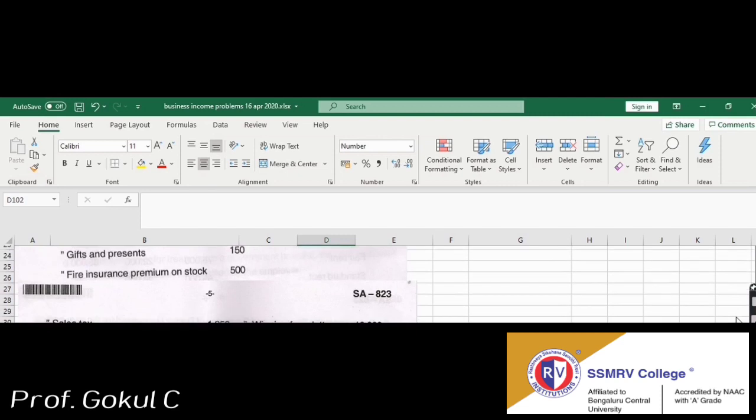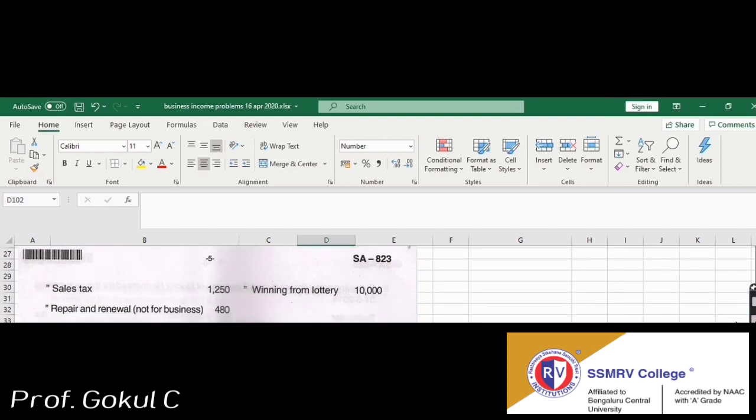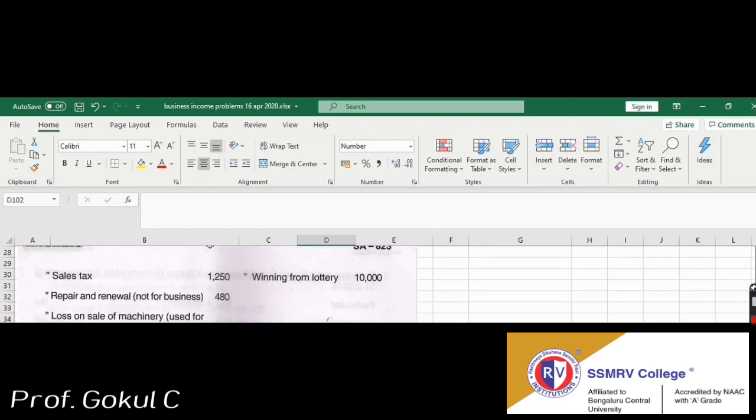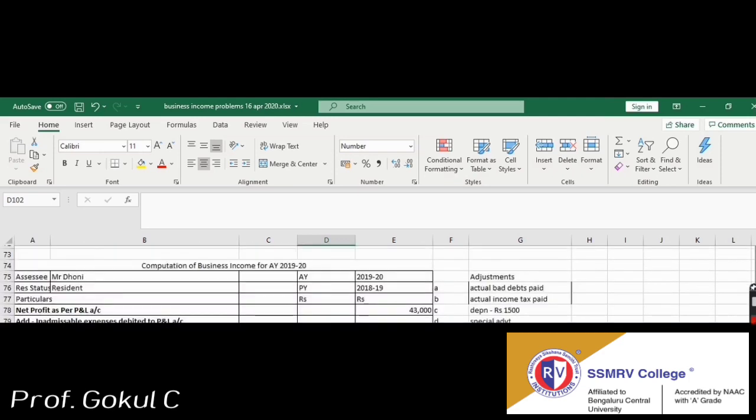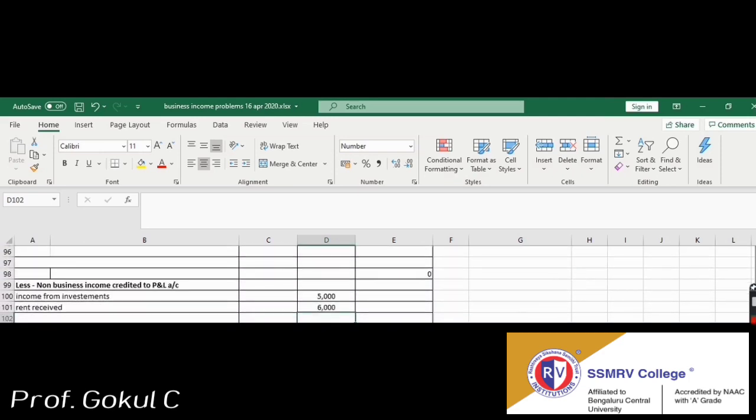Then there's one more, winning from lottery. Anything that you win from lotteries doesn't form part of business income. They come under other sources. So winning from lottery should also be added back, 10,000 rupees.